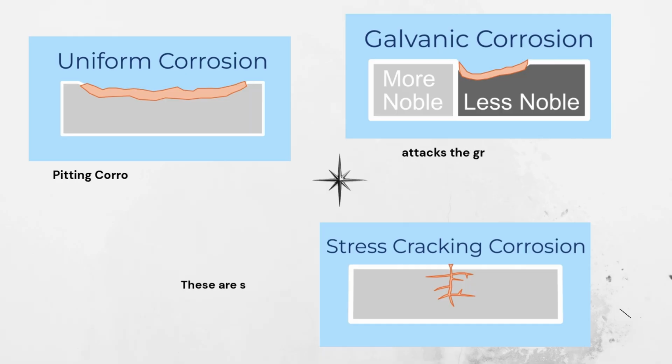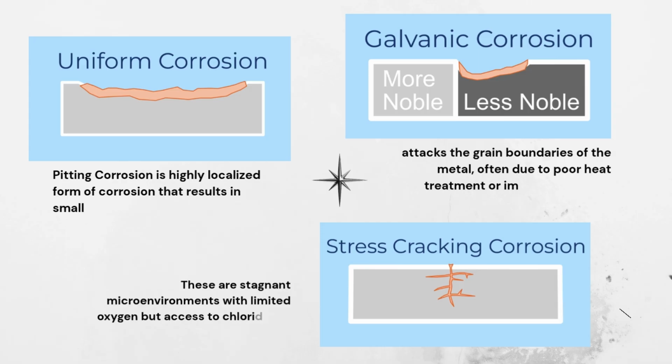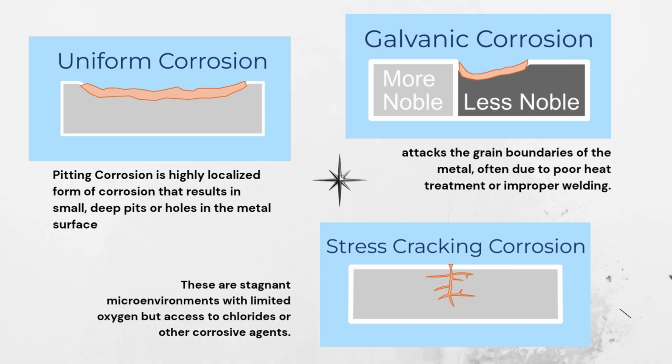In our experiments, we explored different types of corrosion. First, we examined uniform corrosion, in which the entire surface of the metal deteriorates evenly. Then, we studied galvanic corrosion, which occurs when two different metals are in electrical contact in the presence of an electrolyte.